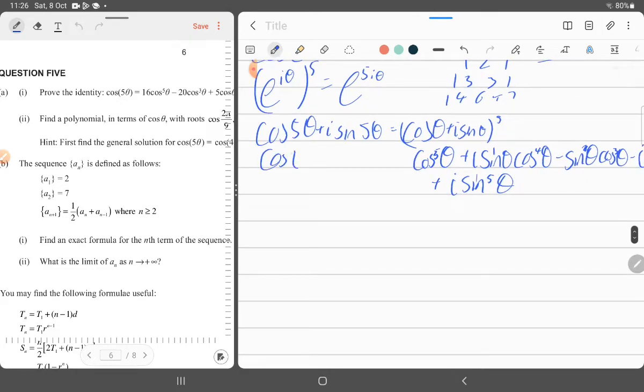That's equal to cosine 5 theta plus i sine 5 theta.